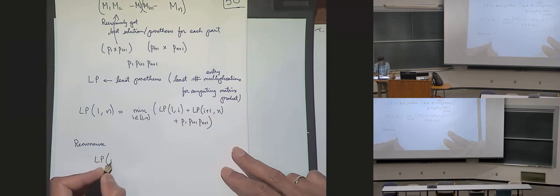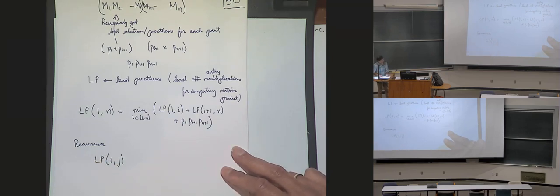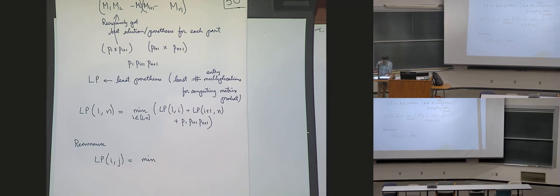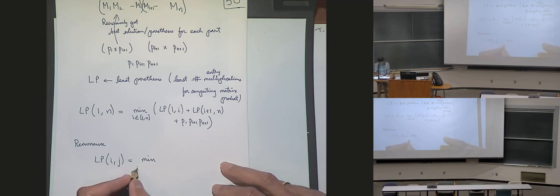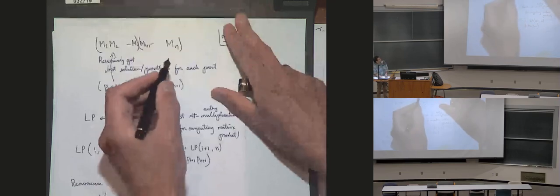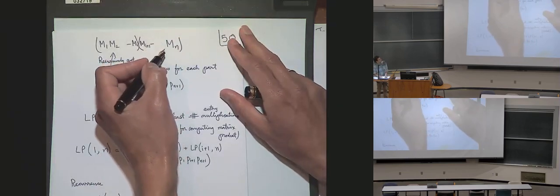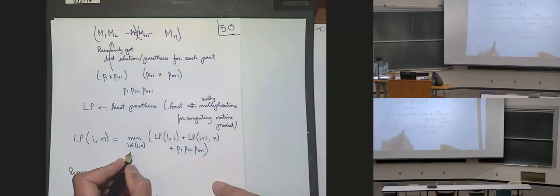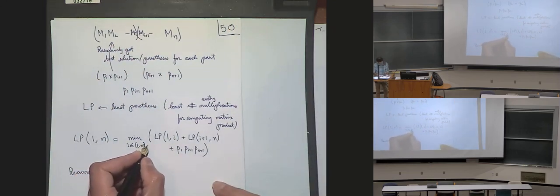If I take any i and j, then it's the min over all k. Let me do my indexing correctly. Technically it's j minus 1 because I can't split there, I have to split before. So actually this should be n minus 1.